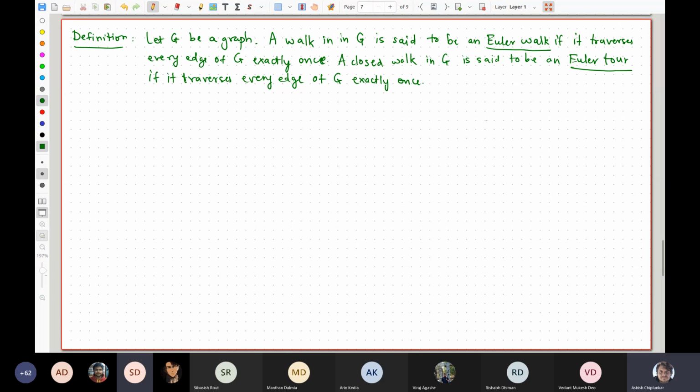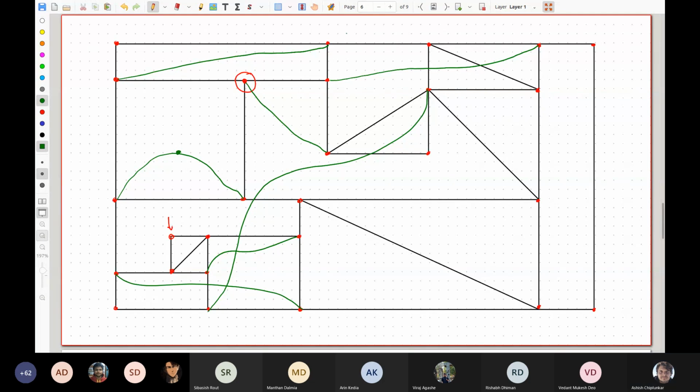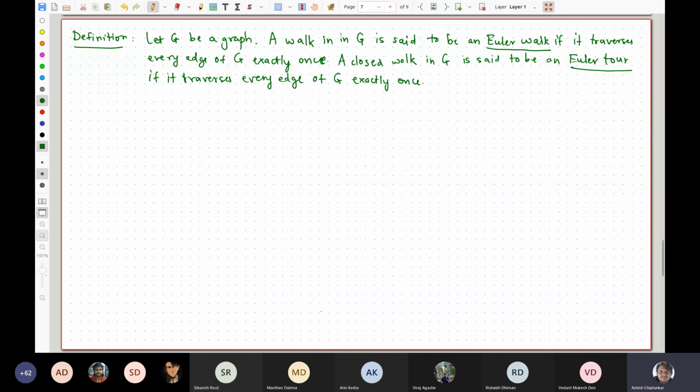The reason I'm saying almost is that I could have something like this. I have all vertices of even degree, let's say degree 4, but I could have other isolated vertices.